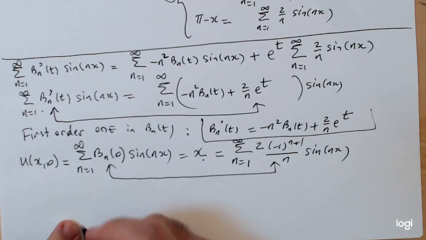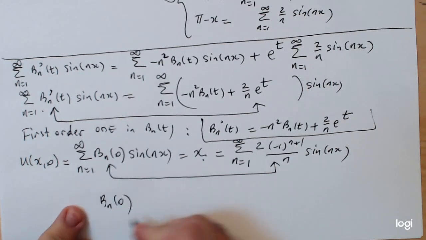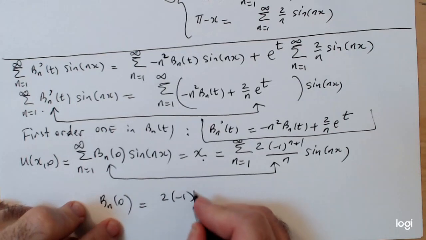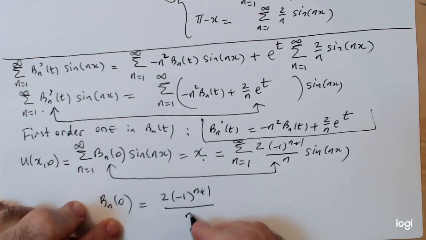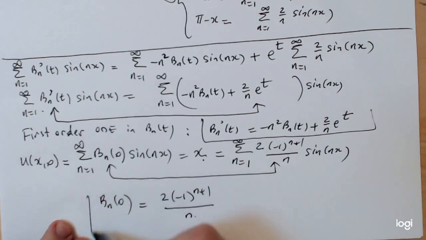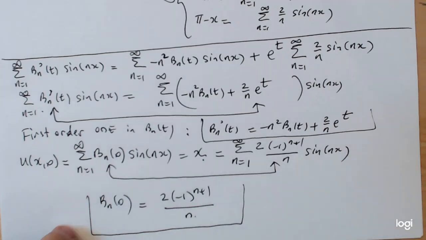So Bn of 0 equals 2 times minus 1 to the n plus 1 over n. Okay, the problem is not done. We have to move on and find Bn.